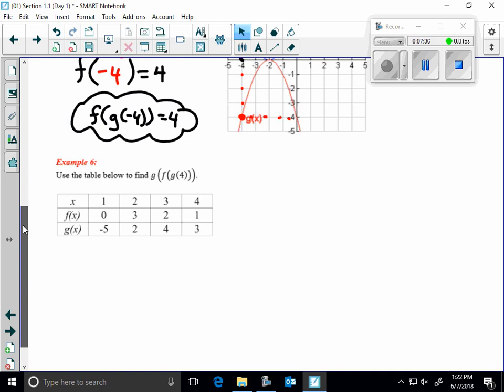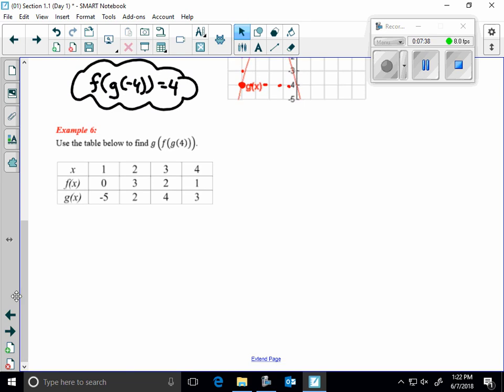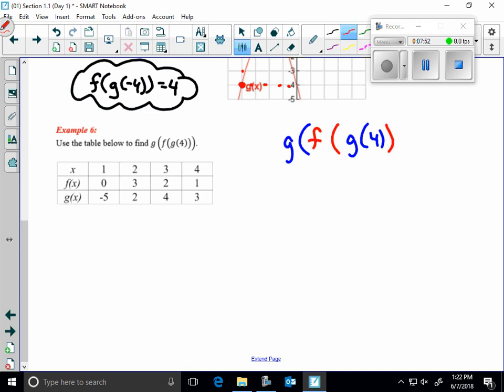All right, let's look at a table representation of composition of functions. Okay, so I'm going to go g of f of g of 4. Let's find g of 4.